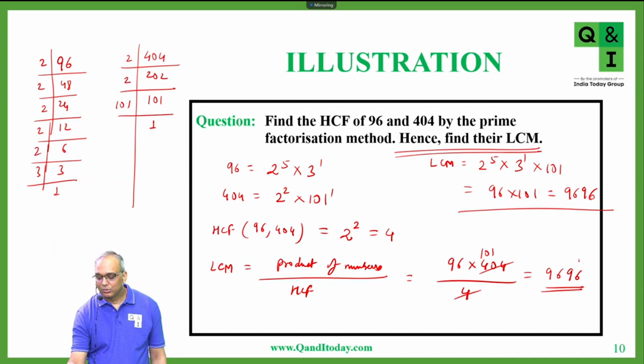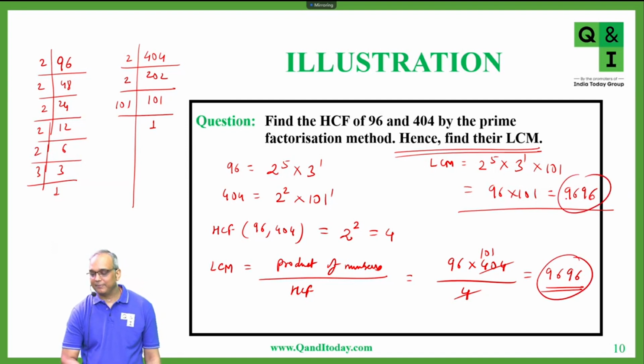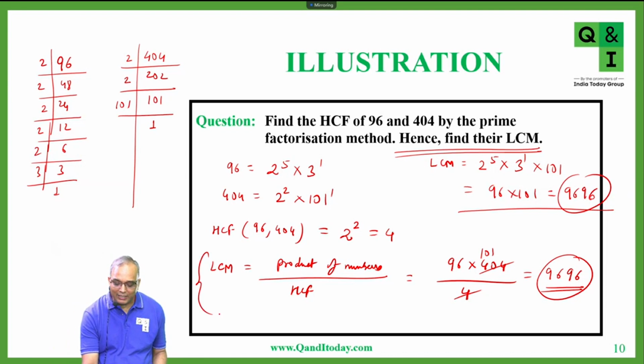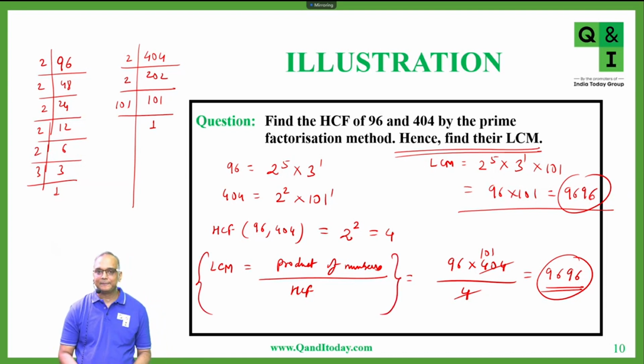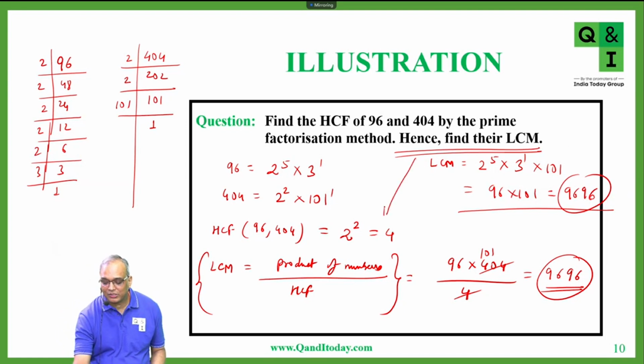Okay. So this value and this value is same. So using this formula, it becomes easier for you as the calculation is lesser. So whenever they are saying hence find their LCM, you will do this.